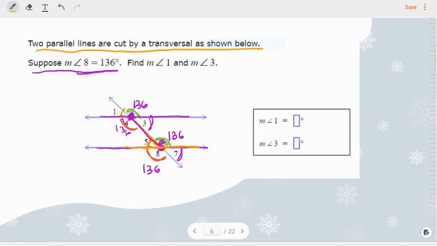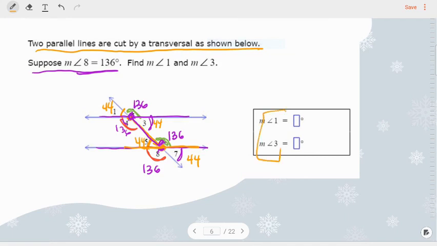So with my handy dandy calculator, 180 minus 136 gives me 44. Remember by default that means my vertical angle here is 44 and the matching angles, corresponding angles, if I were to pick up and set down on my other intersection, are going to be the same.